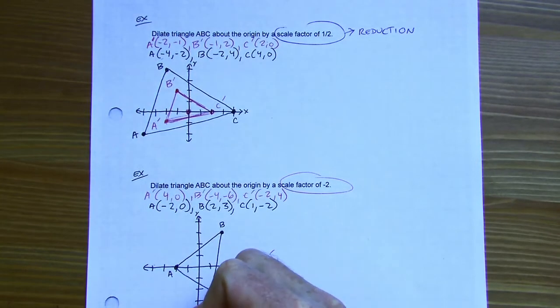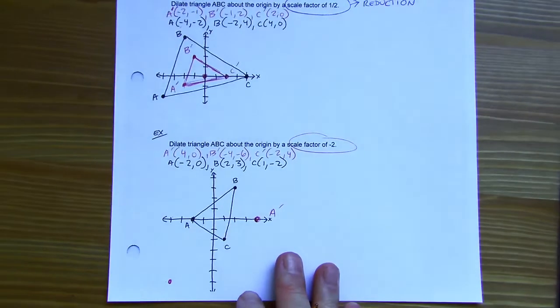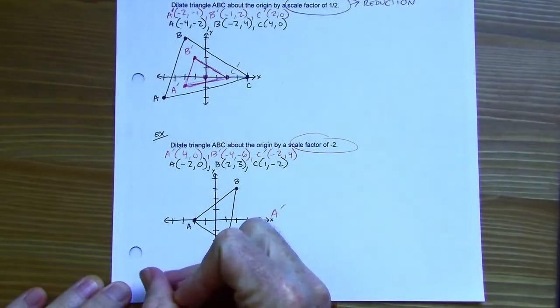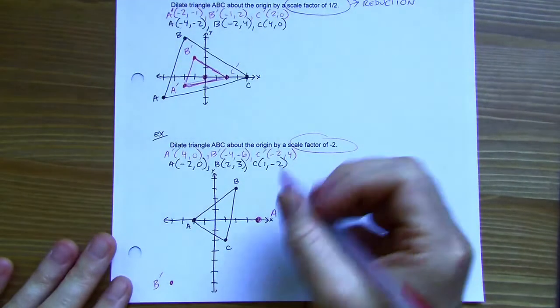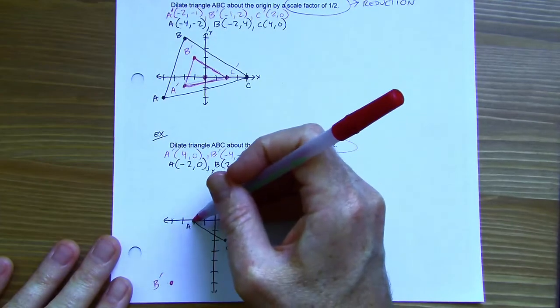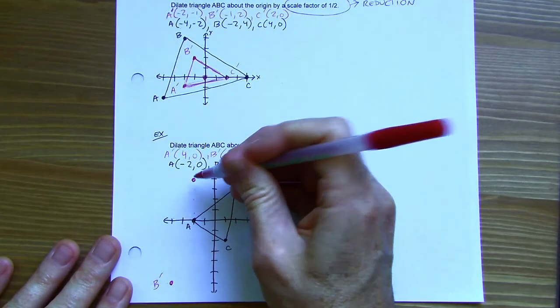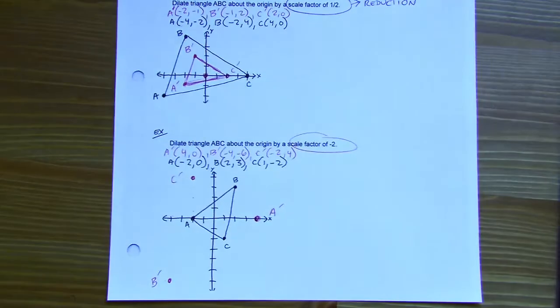Probably off screen here. Just give me 1 second. Here it is. And then C prime is at -2, +4. I'm just going to connect the dots to get my new triangle.